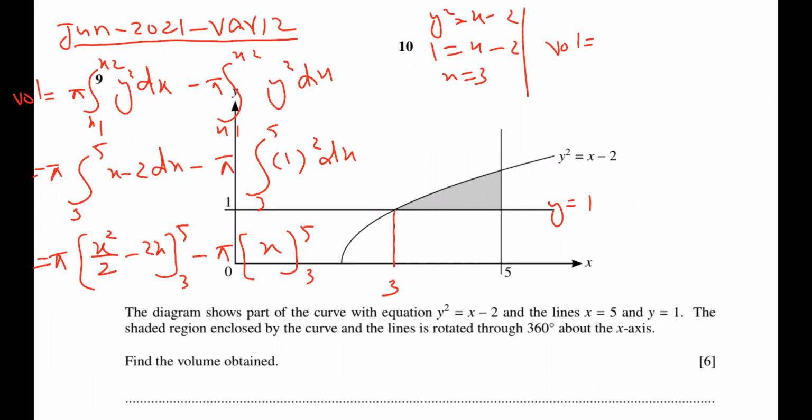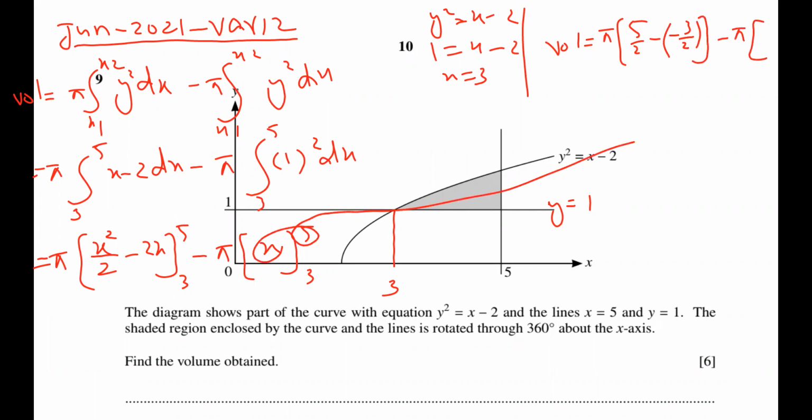So the first fraction comes with pi outside; inside I got 5 over 2, minus. Now I put 3 in the place of both x's: 9 divided by 2 minus 3 times 2, which is 6. I get negative 3 by 2. This is the first part done.